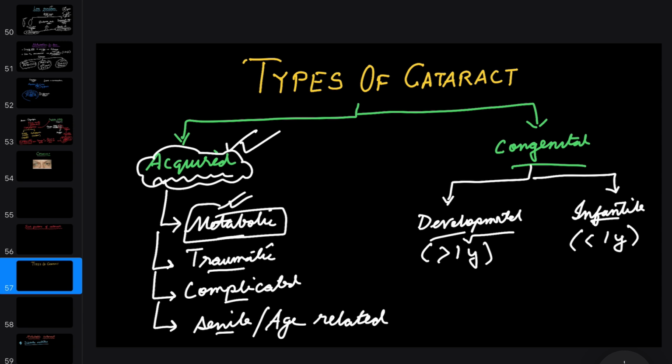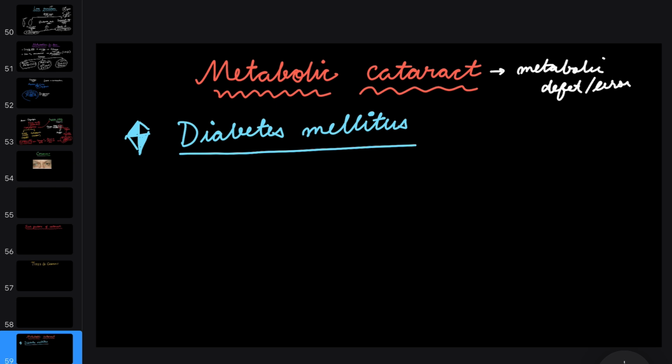Now let's get into the nitty-gritty of this, starting with the most important metabolic cataract, that is due to diabetes mellitus. Obviously you all know what diabetes mellitus is. A condition where we are getting hyperglycemia, that is increased blood sugar, can be due to insulin resistance. We'll see this in medicine.